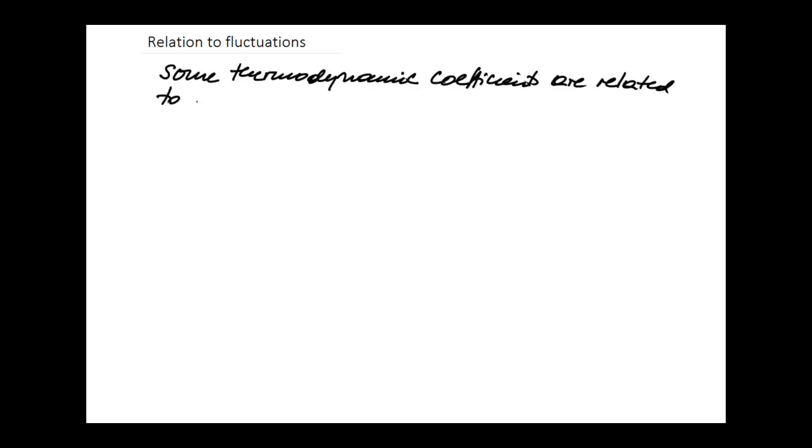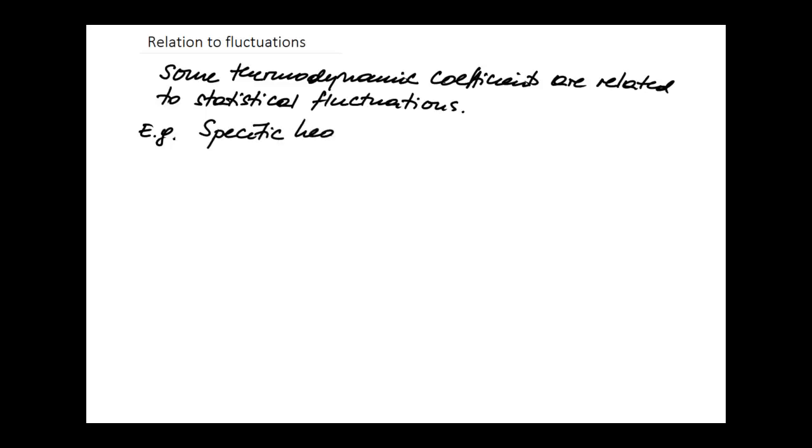Last remark about thermodynamic coefficients: they are often related to statistical fluctuations. So not all, but some thermodynamic coefficients are related to statistical fluctuations. Again, an example that we have already gotten to know, that's the specific heat at constant volume, CV. Here's the definition.